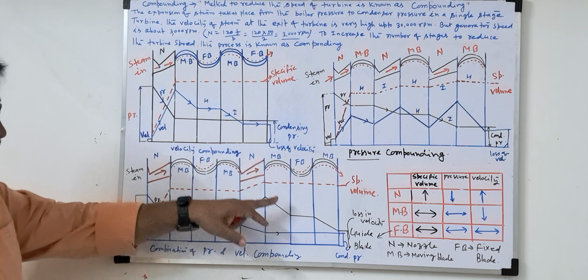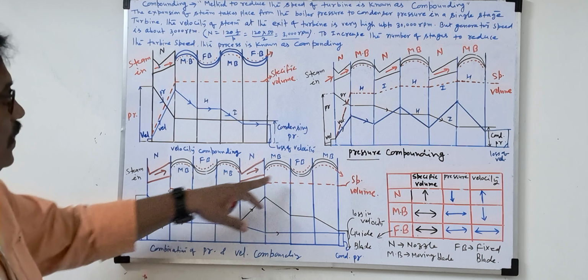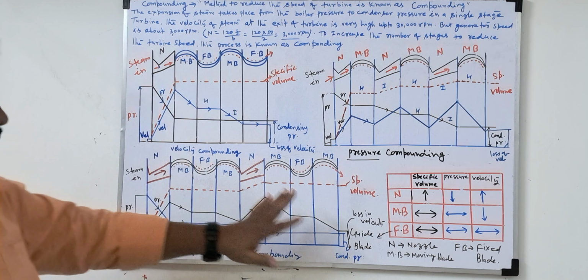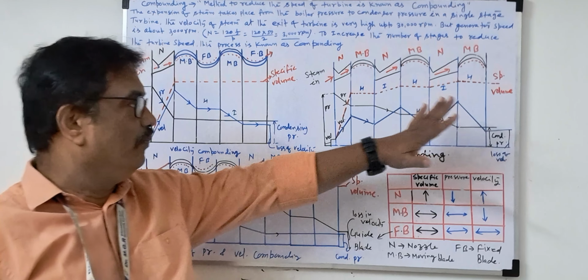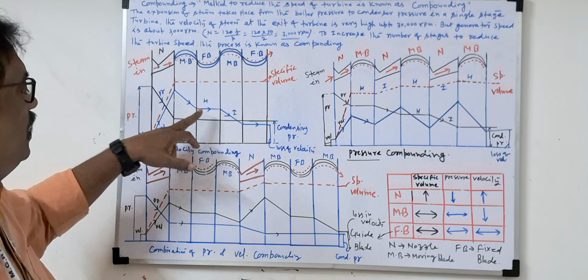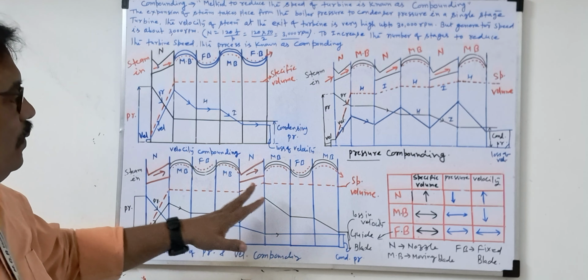Velocity variation, pressure variation and specific volume variation. So this way we can understand the compounding. If you watch carefully each and every step, first you think about pressure. First you draw the pressure for all the compounding, all the blades and nozzles. Again you go to the velocity, again go to the specific volume separately.